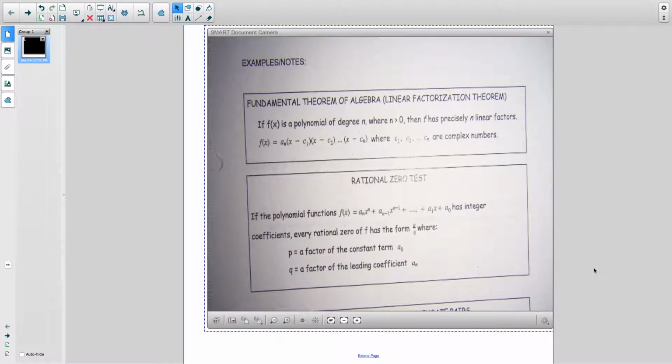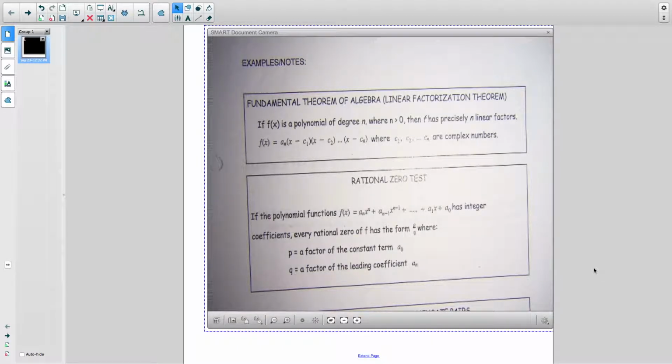The rational zero test says that if I have a polynomial with integer coefficients, every rational zero is in the form p over q, where p is a factor of the constant at the end, and q is all factors of your leading coefficient.